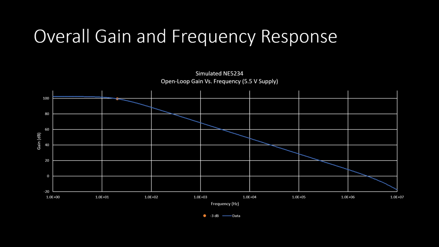Here's a look at the overall frequency response of the simulated device. The 3 dB point was found at about 100 dB at a frequency of 20 hertz. The maximum gain was the addition of the gain throughout the 3 stages in dB, and it was about 102. This was all done with a 5.5 volt supply.